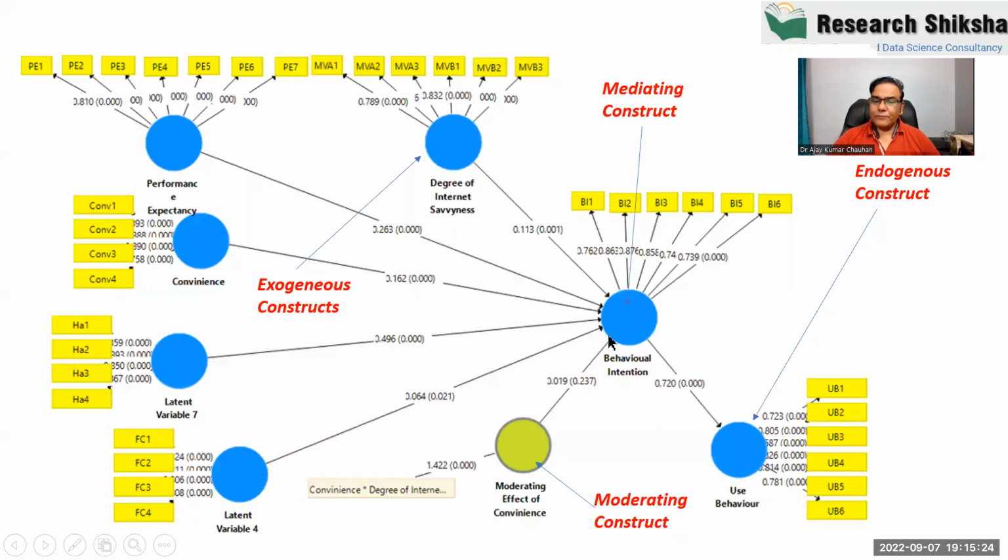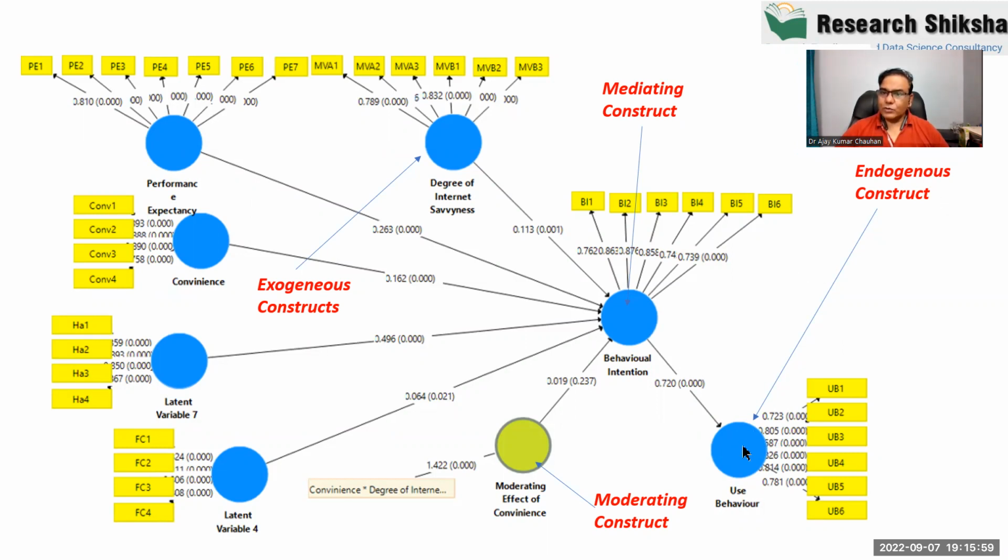In this sense, we can say the behavioral intention is endogenous, but behavioral intention is not the complete action. It is just an intention to adopt. So now we want to see how the intention will cause the adoption behavior, the actual usage behavior. Usage behavior is the final dependent variable, and the final dependent variable is called the endogenous construct.